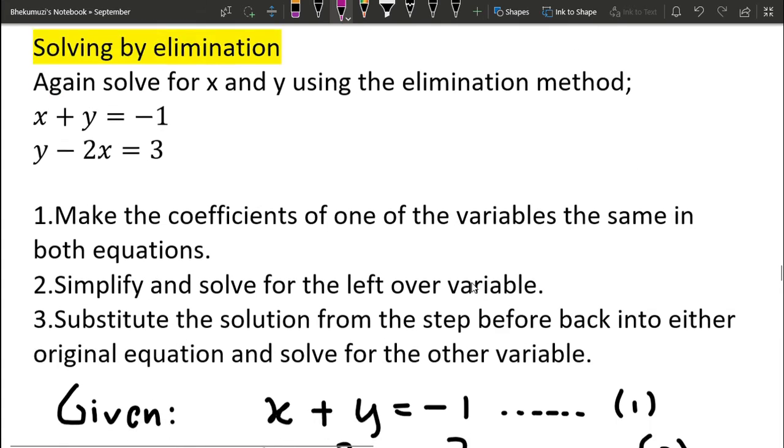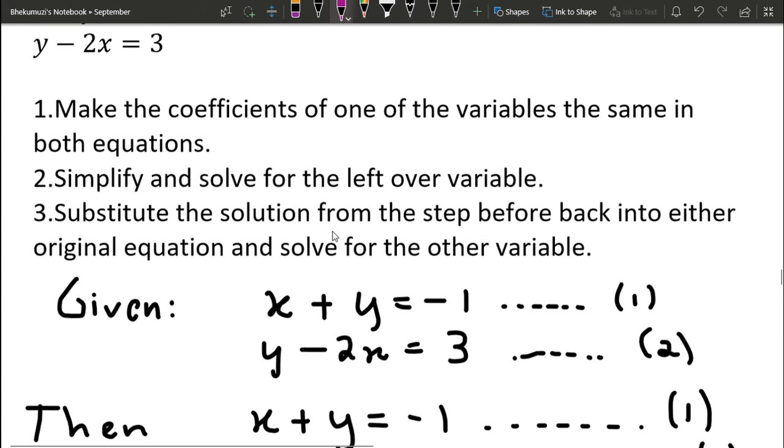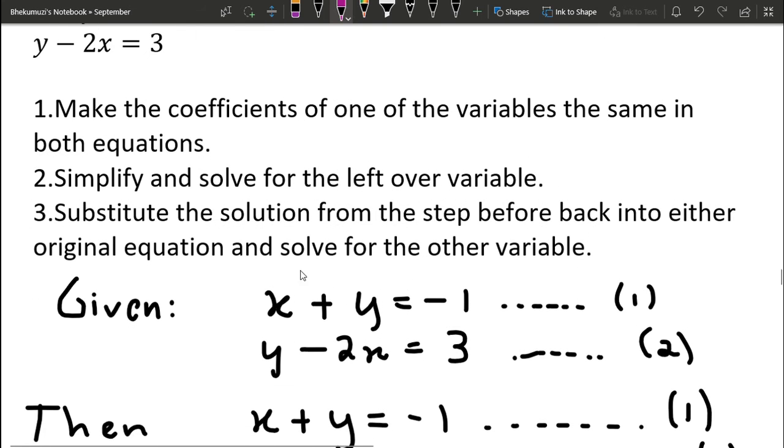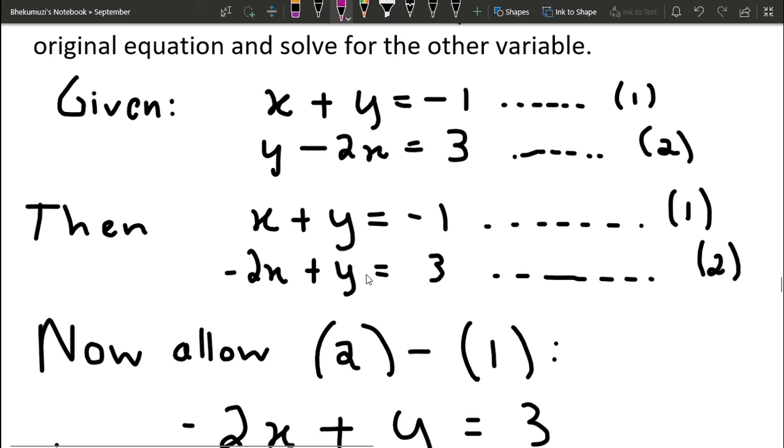And then we have the elimination method. Now the elimination method is quite tricky, so I do advise you, if you do not understand the elimination method, please stick to substitution, because substitution will always work. But with elimination, there are times where it will fail you. Okay, so here you still do the same thing.